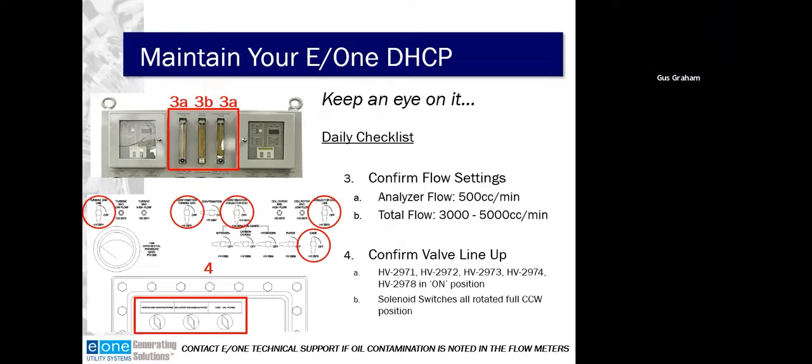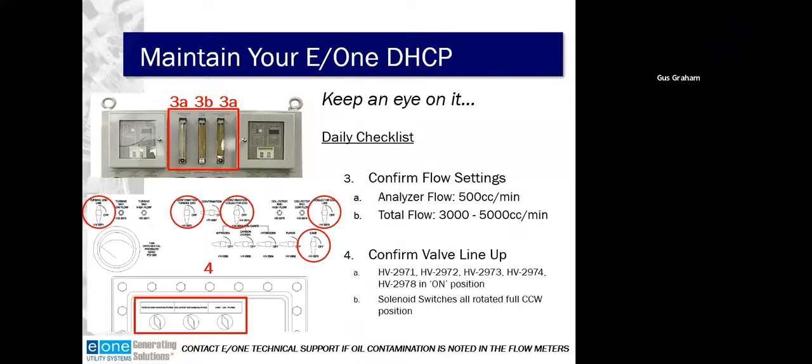The next thing you want to look at is your valve lineup, and just below the analyzers is a series of manual valves, and we want to confirm that the upper row, the ones identified in the red circles, HVs 2971, 72, 73, 74, are all rockered to the on position, and that 2978, and that's the case sample to the lower right, is also in the on position.